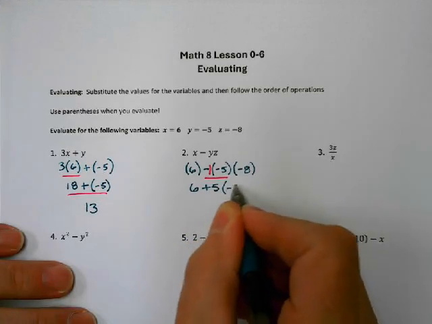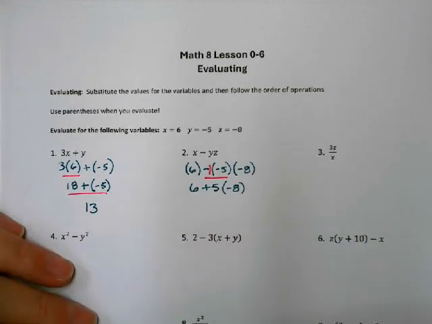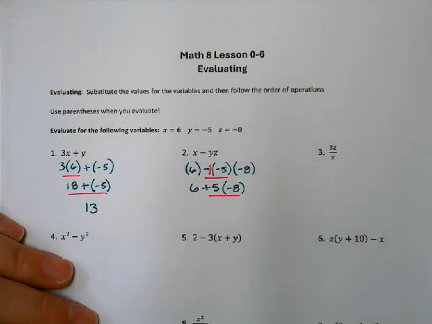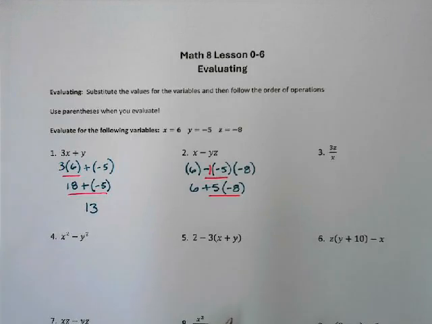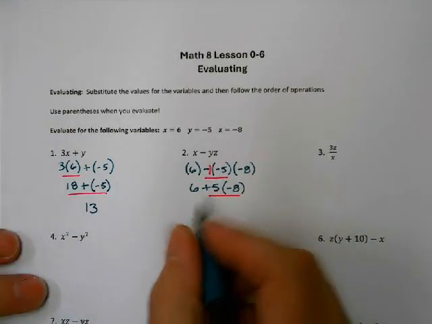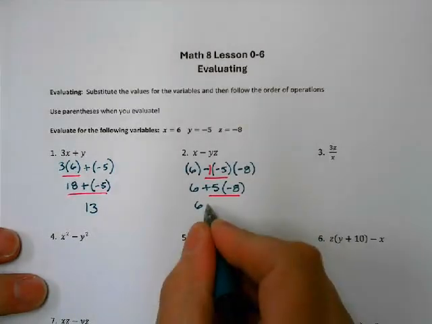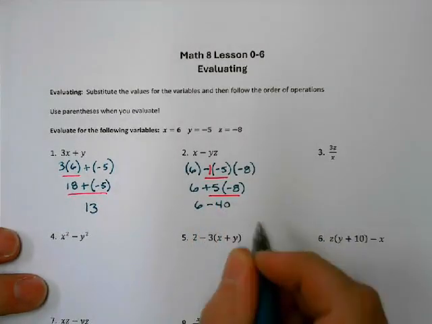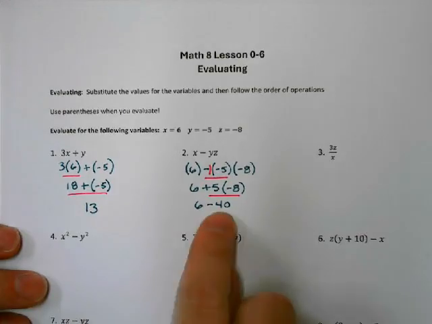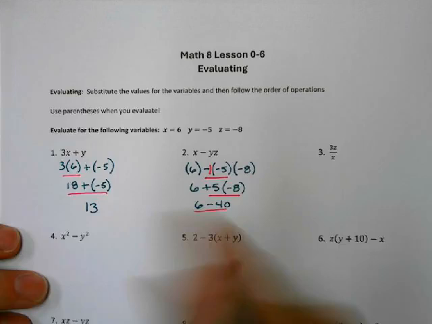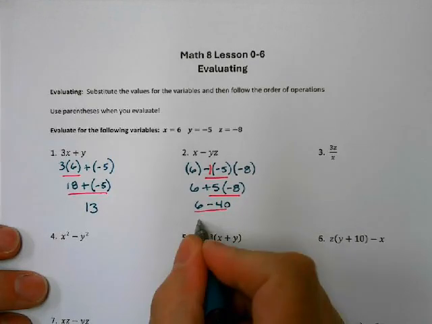And then minus 8 in parentheses. It does make a difference because that indicates I am multiplying these two right here. So order of operations says we multiply before we add. So we've got 6. 5 times -8 is -40. And then last operation, 6 minus 40 is going to give us a negative number. We subtract the two numbers and then we keep the negative sign. We get -34.